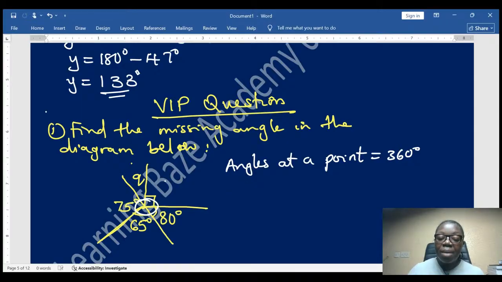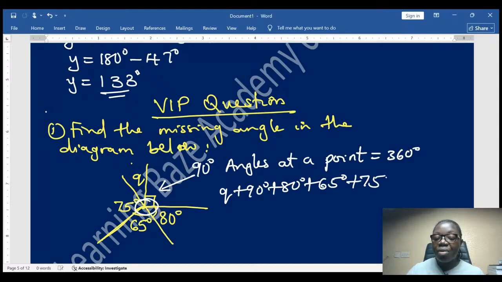Anytime you see this symbol that I pointed an arrow at, it is known as 90 degrees. So that will be Q plus 90 degrees plus 80 degrees plus 65 degrees plus 75 degrees equals 360 degrees.